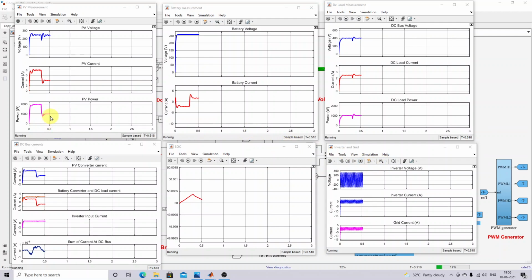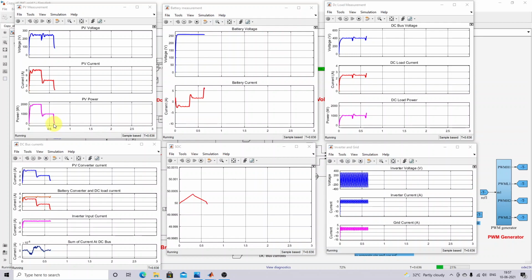So next we go for another scenario after 0.6. Here you can see that after 0.6 the irradiation goes to nearly 10 watts per meter square, right?